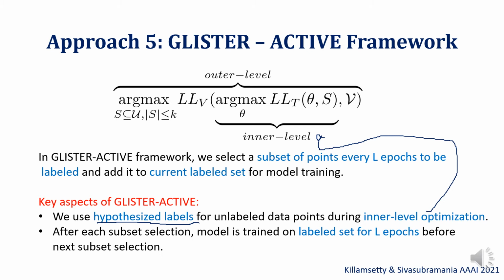So like BADGE, use is made of hypothesized labels for unlabeled points during the inner level optimization, which was discussed at length earlier. And after each subset selection, this model is trained on the labeled set for L epochs before the next subset selection.